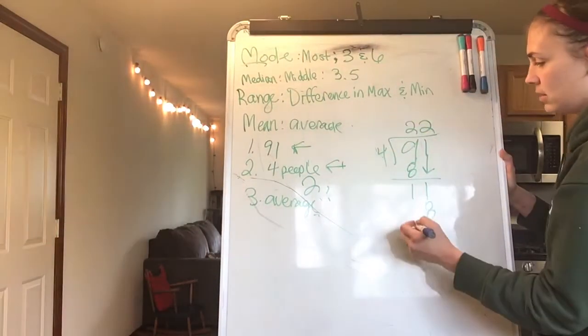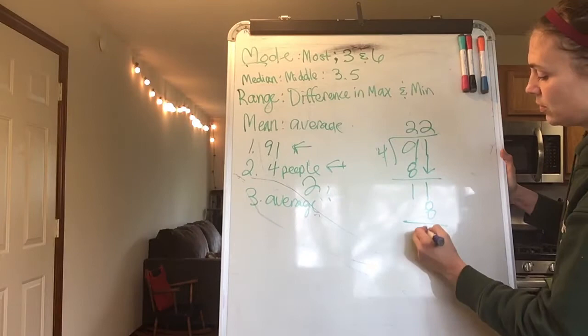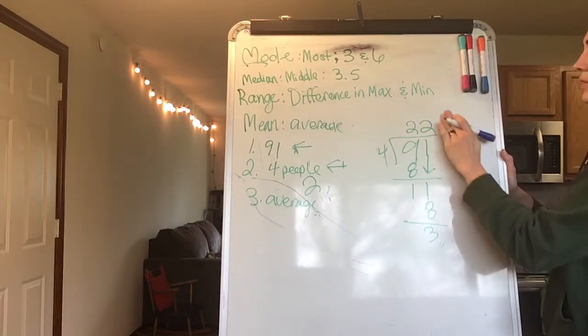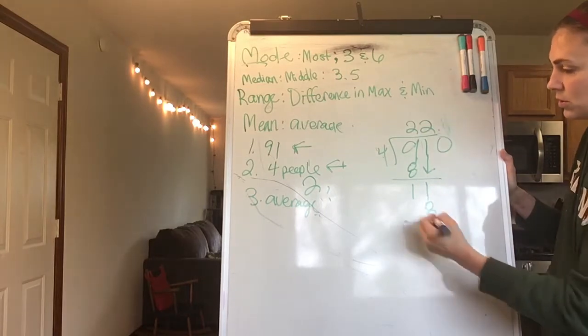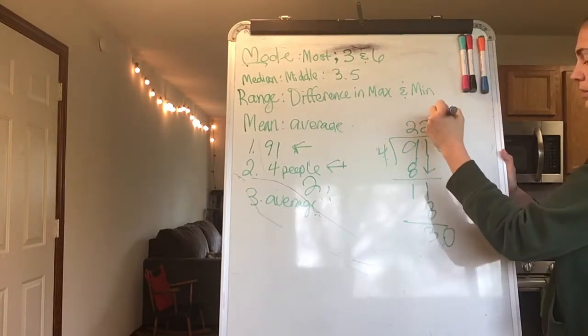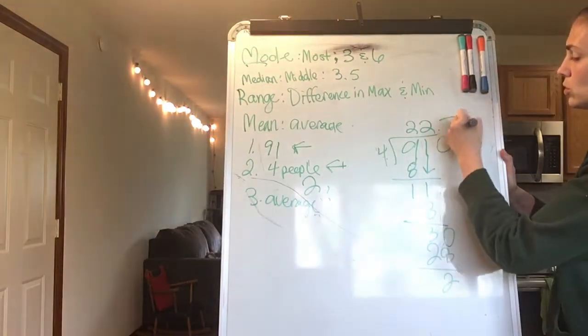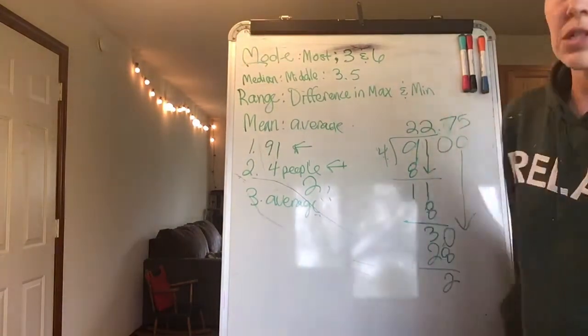Gives you 8. And you get 3. 4 can't go into 3, so you add a 0 here. 4 goes into 30 7 times, for 28. And it goes. So the average age in my house is 22.75 years old.